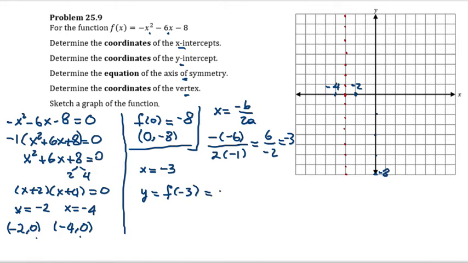So we have negative of -3 squared minus 6 times -3 minus 8. So -3 squared will be positive 9, and there's another minus in front, so we will get -9.